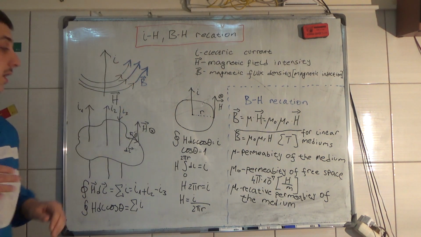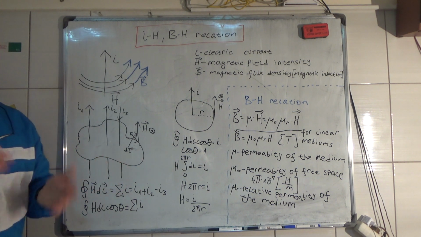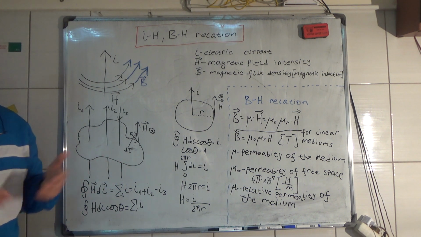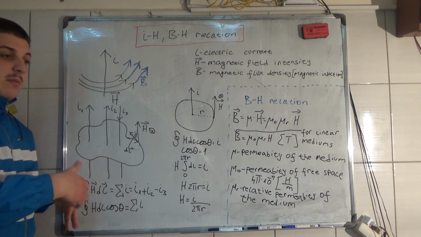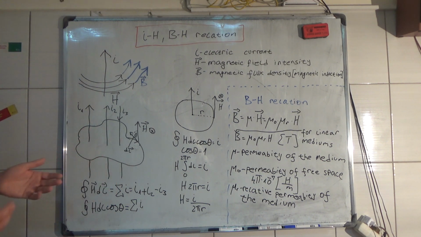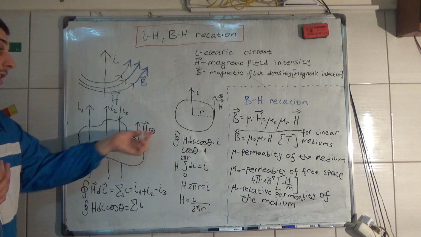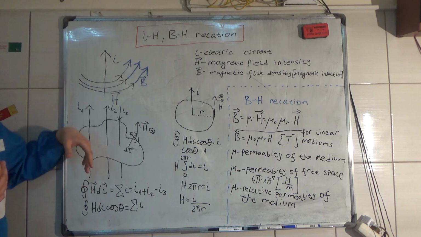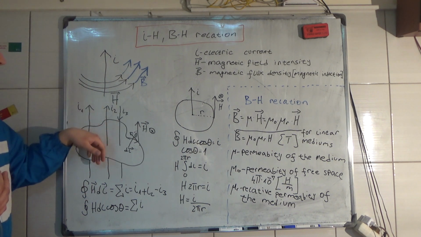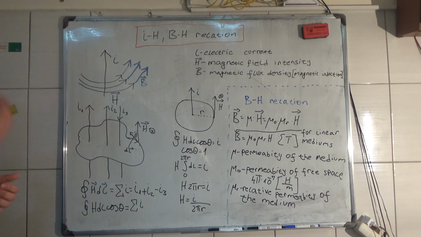Now, if we have a closed loop like here, it can be any kind of closed loop, depending on what kind of material you are working with. We can measure the magnetic field intensity if we know all the currents that go into or out of that closed loop.